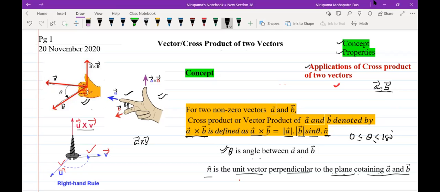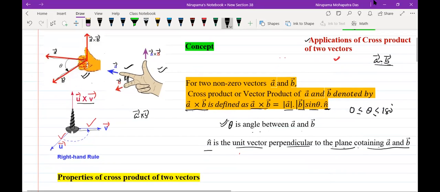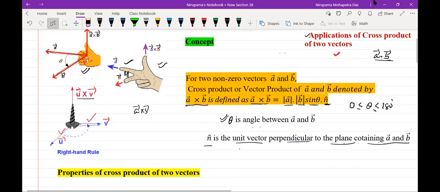So when we say n cap is the unit vector perpendicular to the plane containing A and B, it means n cap is the unit vector which is perpendicular to both A and B. Magnitude of A is a number, magnitude of B is a number, sine theta is a number, but n cap is a vector.